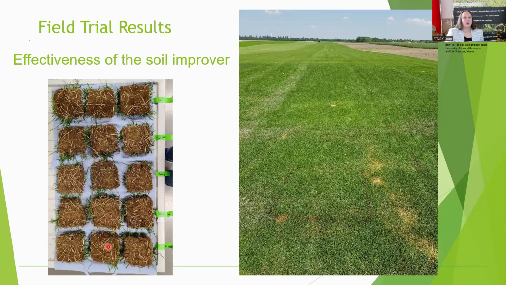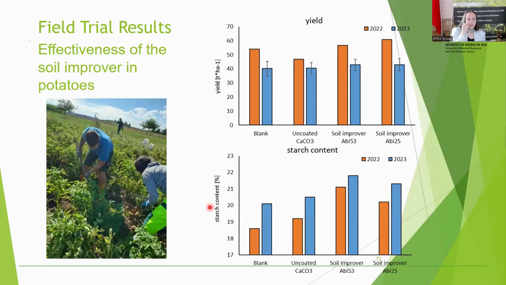Also, the lawns are much stronger, and they can resist adverse weather conditions like droughts much better with the soil improver. In addition, we have the calcium carbonate in this soil improver. This means it has an effect on the soil pH, especially good for very acidic soils, which can be found in many regions in Europe, and which help improve the yields for other plants like potatoes, which we also did.